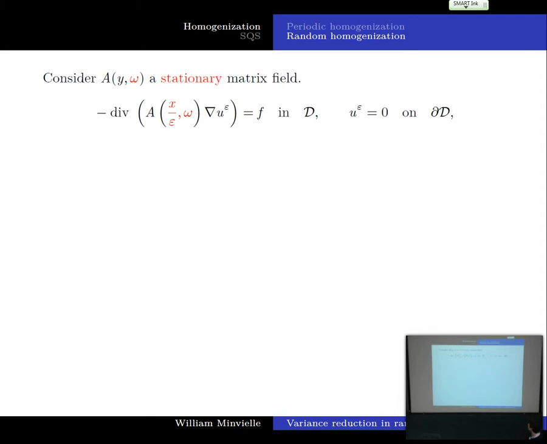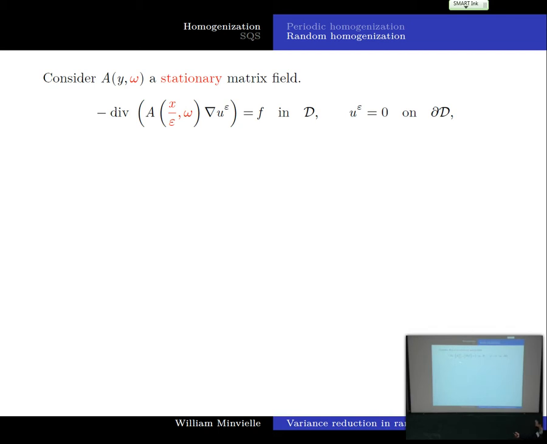And to relax it, we will assume that A is the rescaling of some function, but the function is random. So now we embed our problem into a family of equations indexed by epsilon, but the coefficient field of which is random.